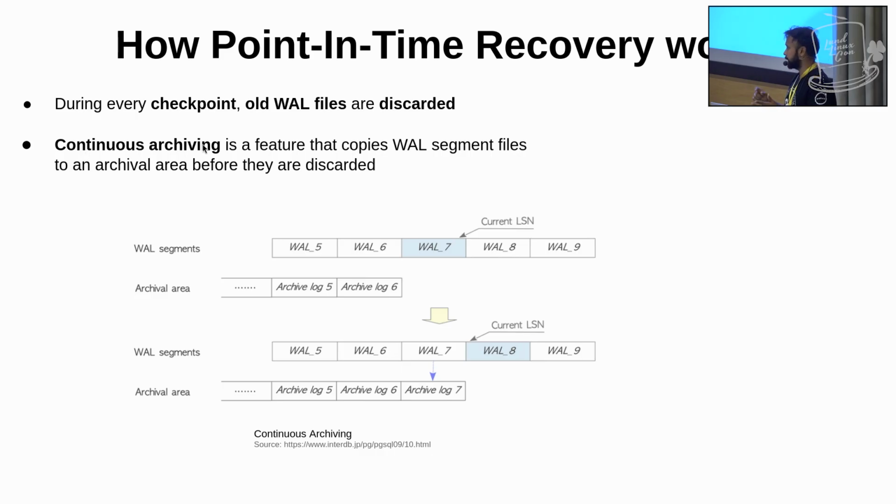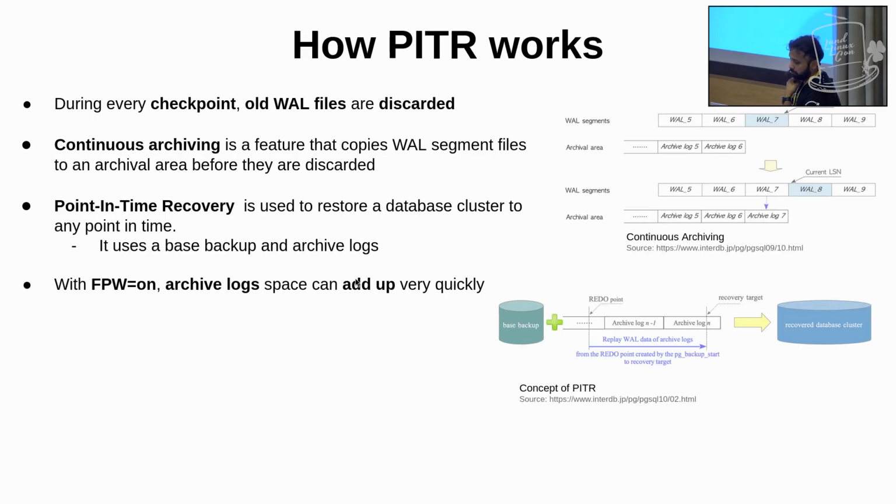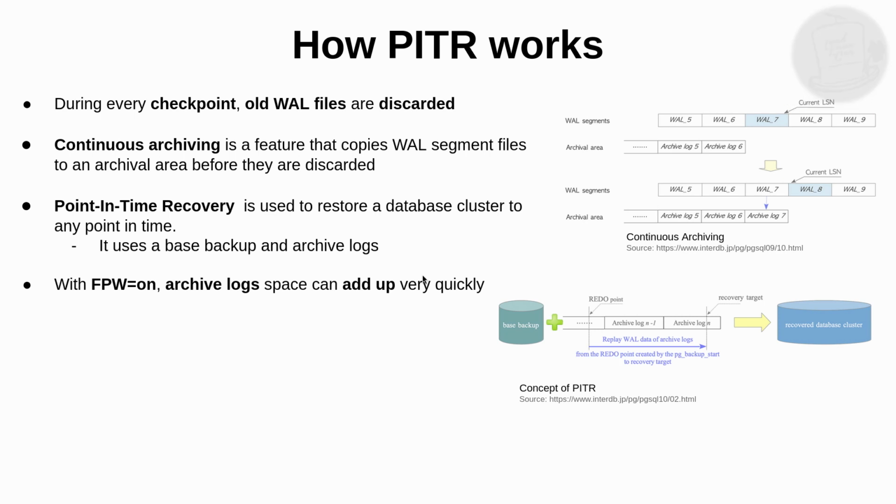What it does is, instead of recycling, before you recycle the WAL, you just store it in a different place, and then just keep going on. As you can see, we just go on and on, and archival is going to keep copying that in a different space. And whenever you want to restore the database, you use the archive logs and the base backup, and then you can basically go back to that point in time.